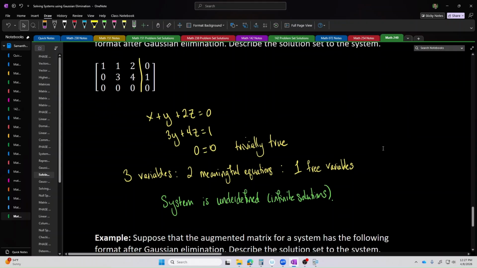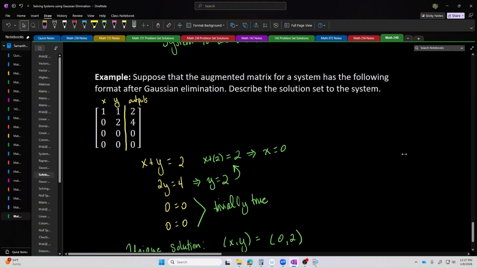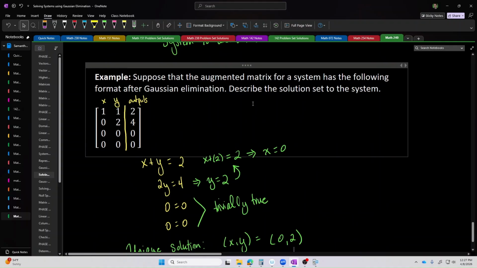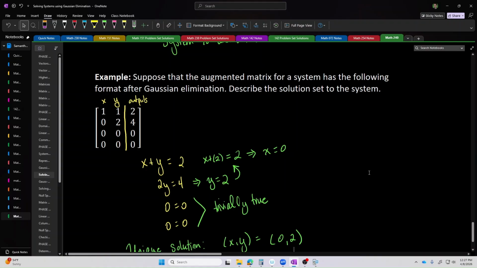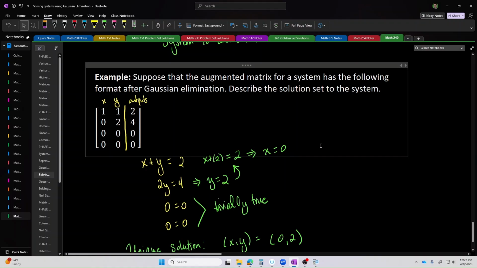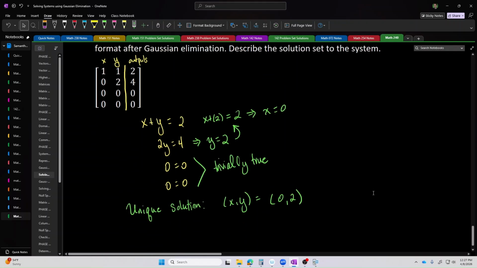If you have more variables than you have meaningful restrictions, then you have a free variable which will give you infinite solutions. But sometimes, despite rows of zeros, there is a matching between the number of variables you have and the number of meaningful restrictions that you have. And so it's still possible to get a unique solution even if your augmented matrix has all zeros in a couple of its rows.